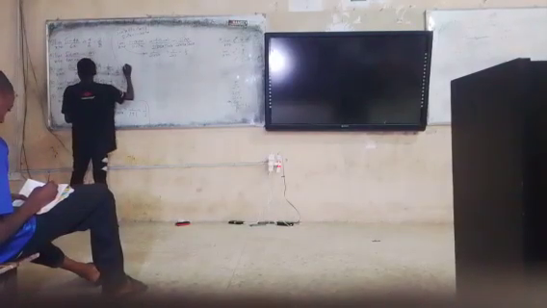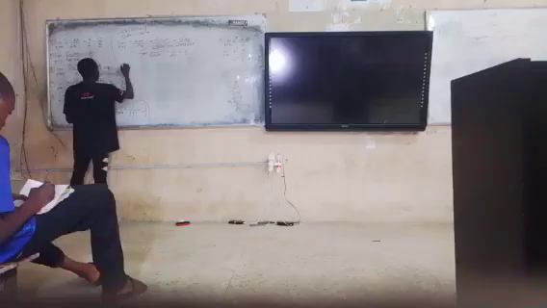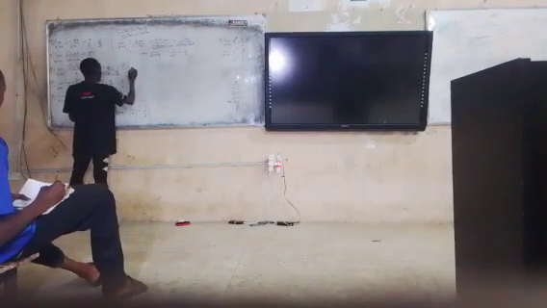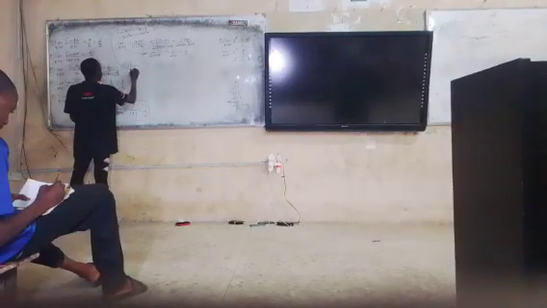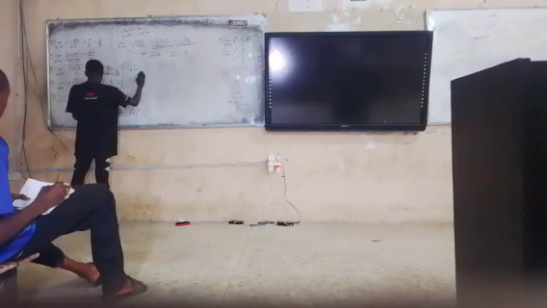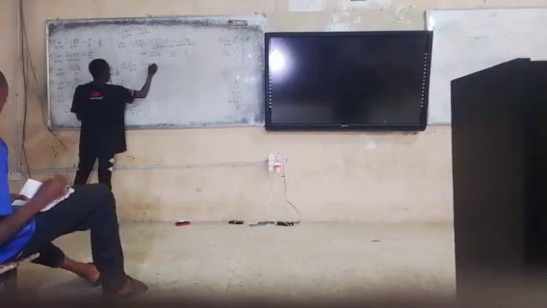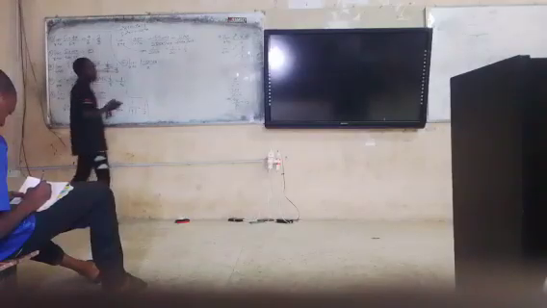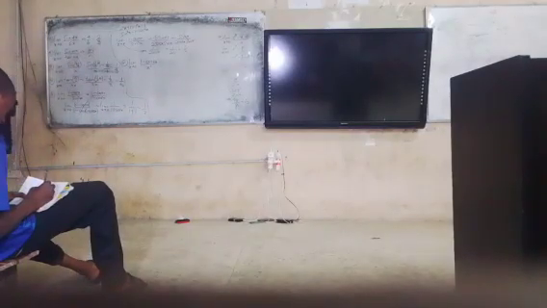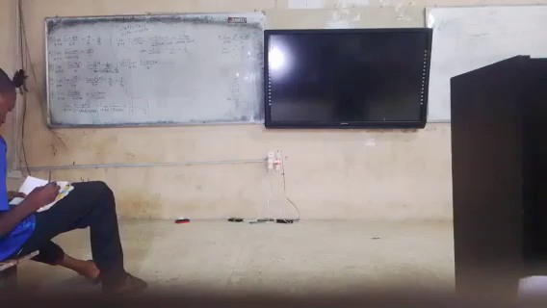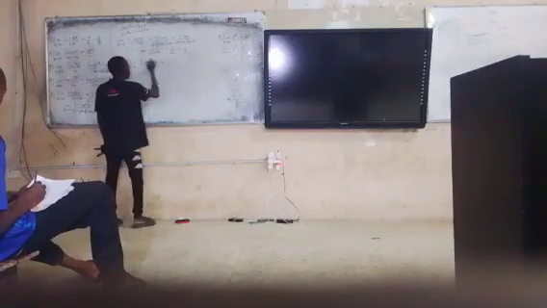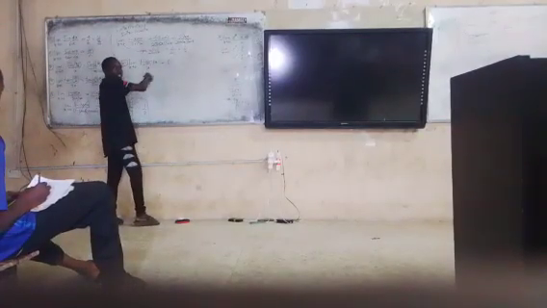1 minus cos 3x over x squared. If you look at this one now, you observe plugging in zero will cause a problem. So let's use L'Hospital. If you differentiate, minus cos 3x gives 3 sin 3x, over 2x.